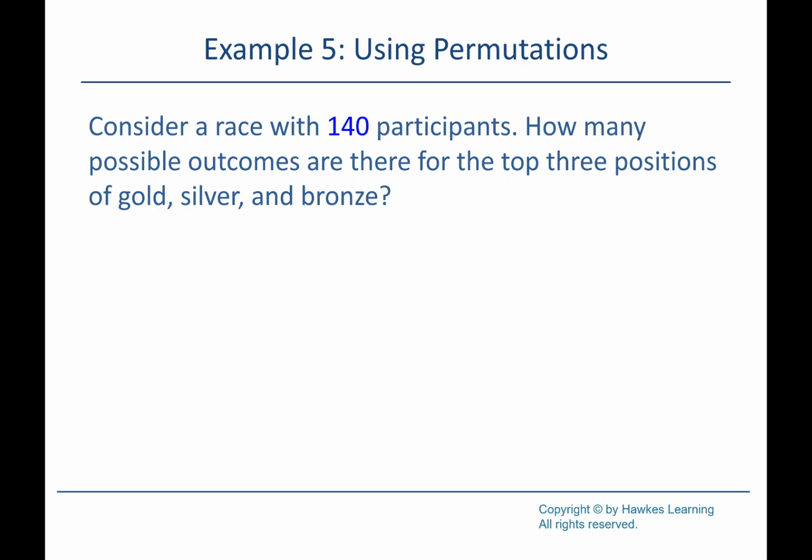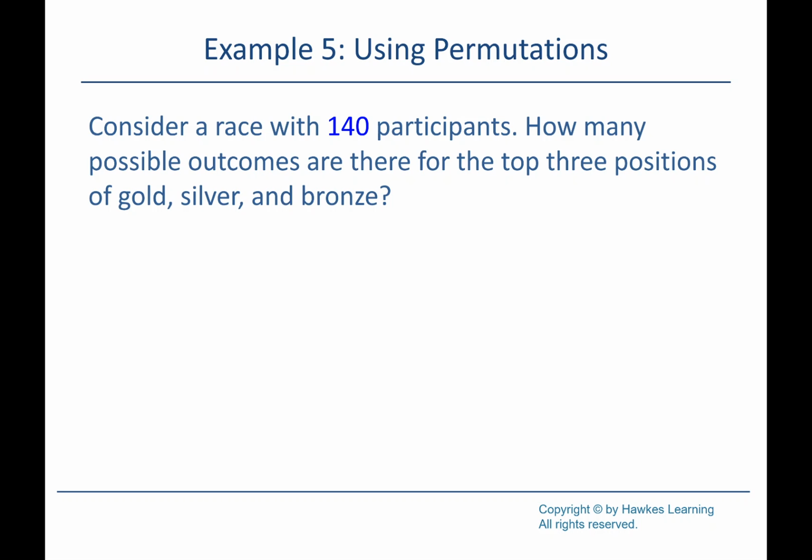Okay. Think about this one. It says, consider a race with 140 participants. How many possible outcomes are there for the top 3 positions, gold, silver, and bronze? On this one, we have to think about order. Does that matter? Winning the gold medal is not the same thing as winning the bronze medal. So order will matter here.